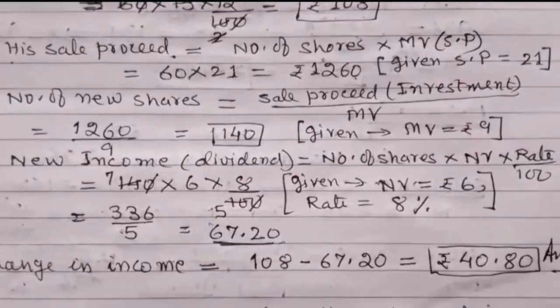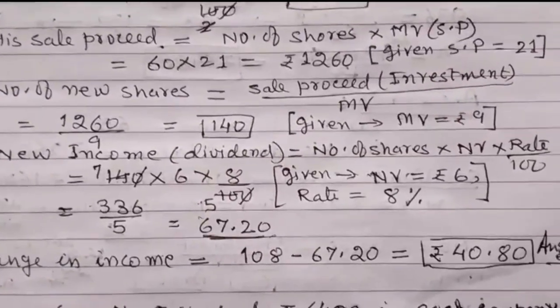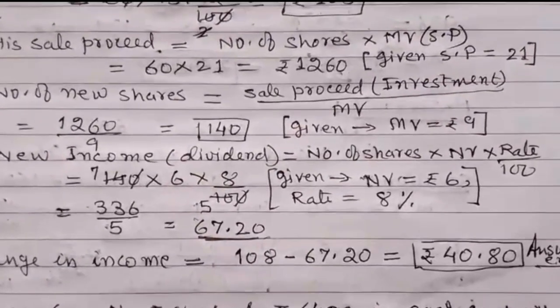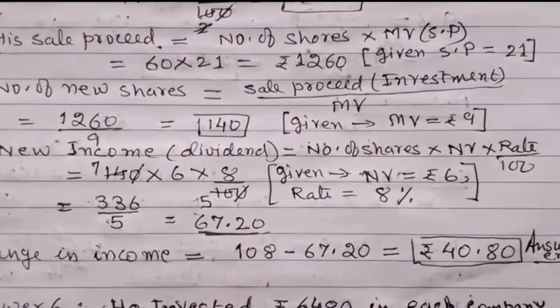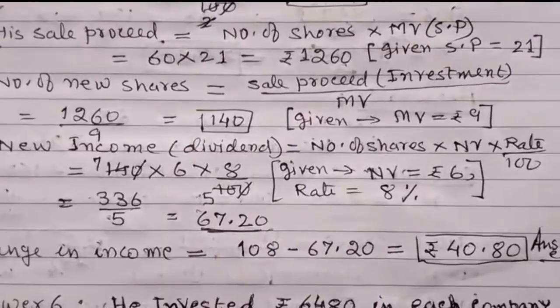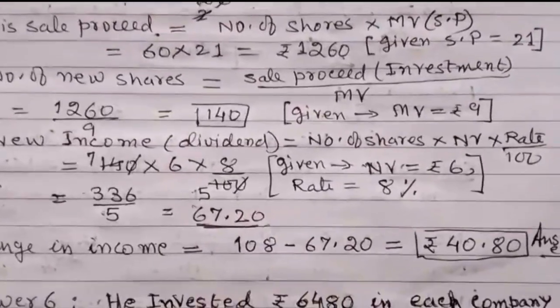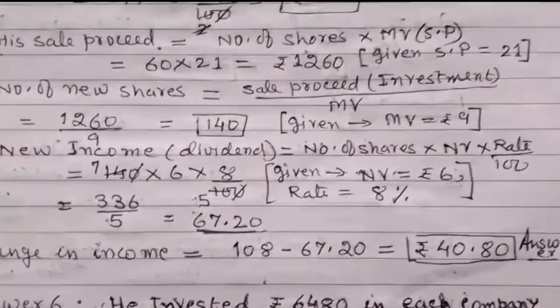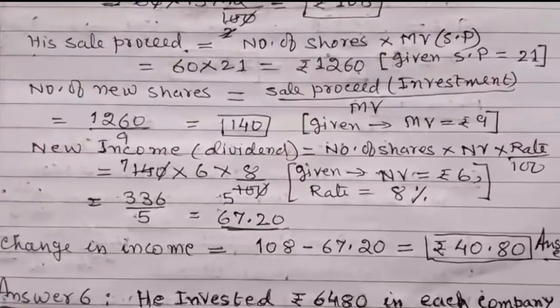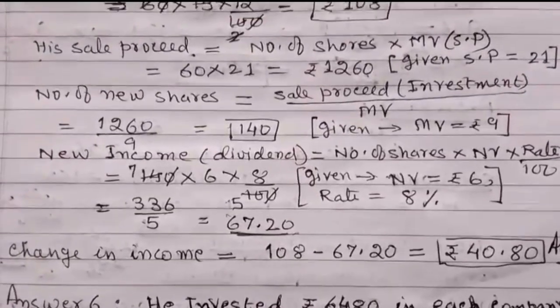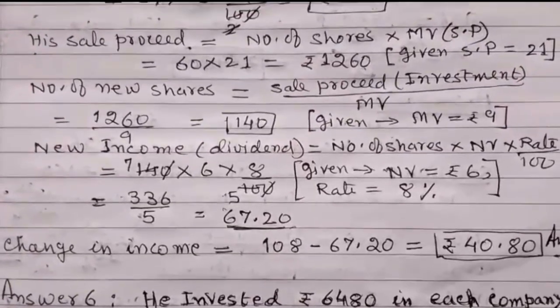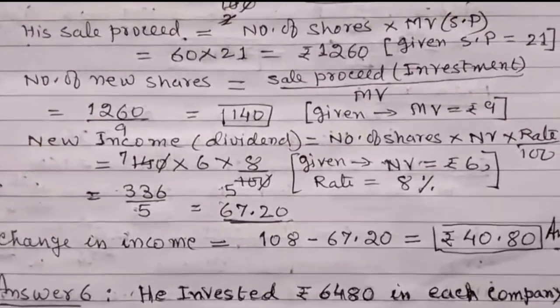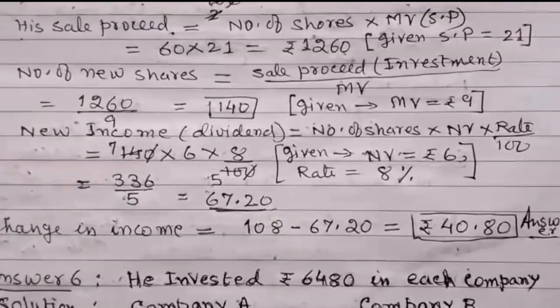And new income will be equal to number of shares into nominal value into rate of dividend divided by 100, which is equal to 140, the number of shares, into 6, the nominal value, into 8, which is the dividend, divided by 100. It gives rupees 67.20.